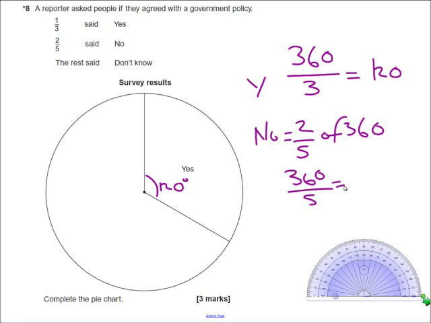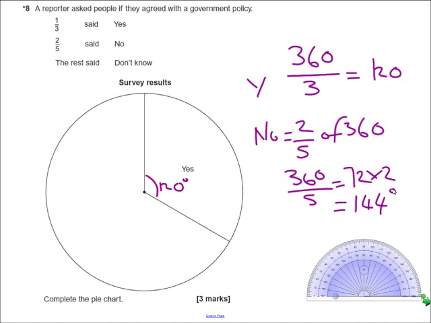Do this on your calculator, and you will end up with 72. Then, because our numerator is 2, to get our 2/5, because 72 represents 1/5, multiply it by 2, it tells us the angle we need to draw is 144 degrees. And that will represent our no.